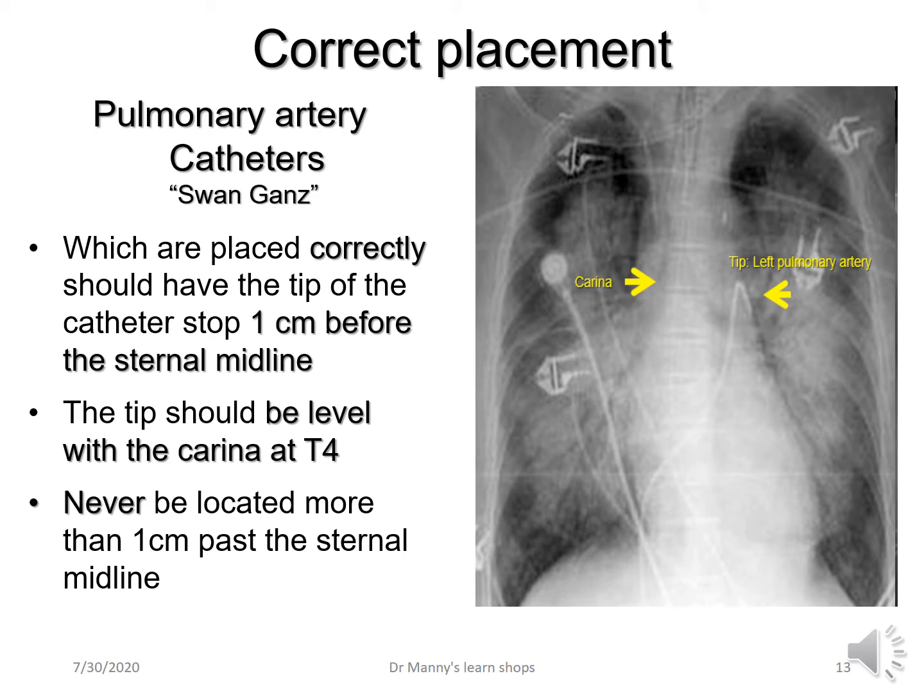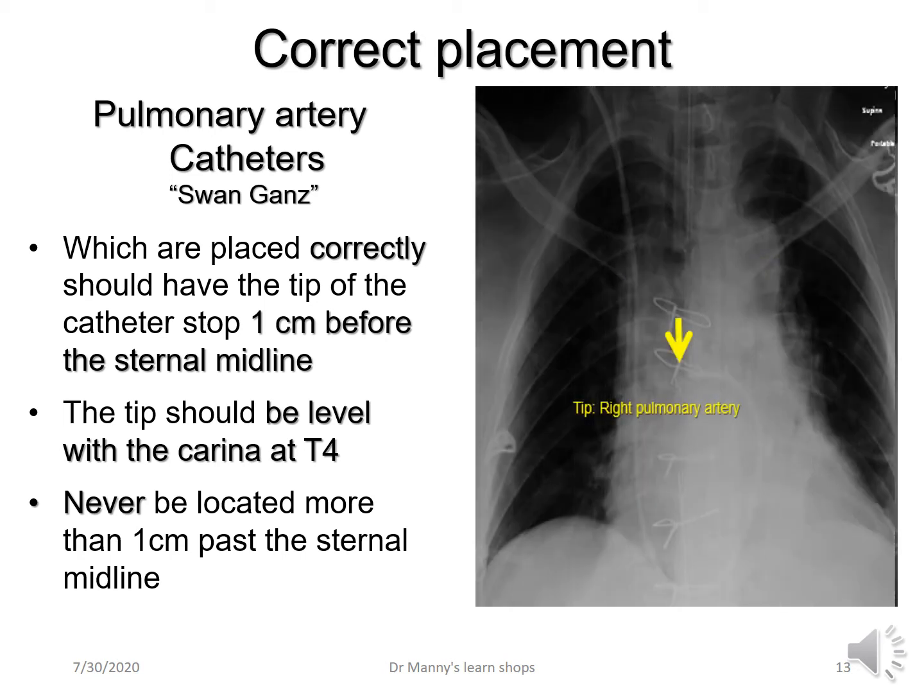Still level with the carina, still approximately 1 centimetre before the sternal midline. This one going to the right pulmonary artery, but again 1 centimetre below or before the midline, but certainly not 1 centimetre past the midline.